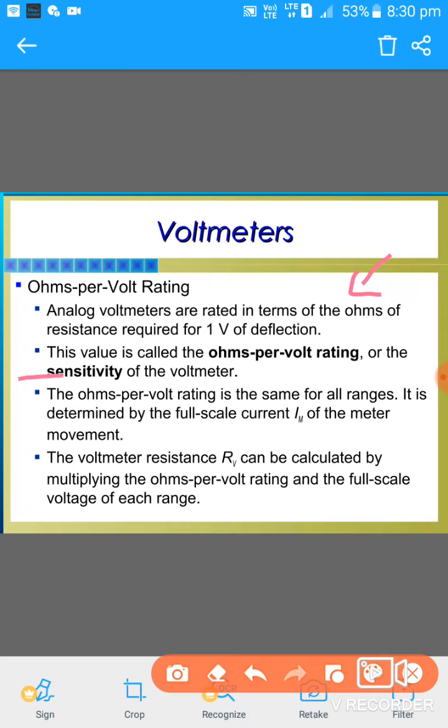This value is called the ohms per volt rating or the sensitivity of the voltmeter. The ohms per volt rating is the same for all ranges. It is determined by the full scale current Im of the meter movement. The voltmeter resistance Rv can be calculated by multiplying the ohms per volt rating and the full scale voltage of each range.